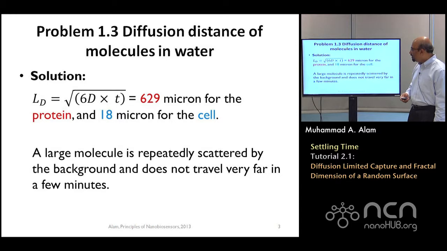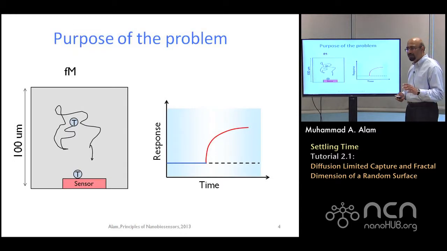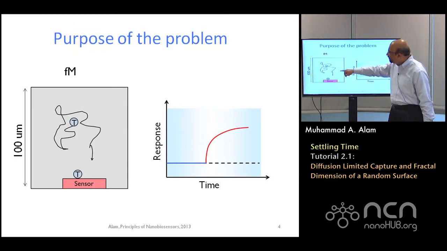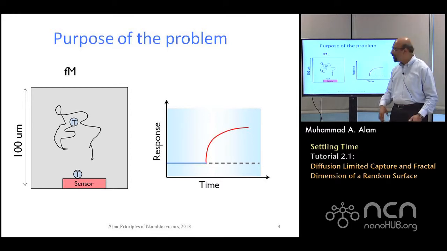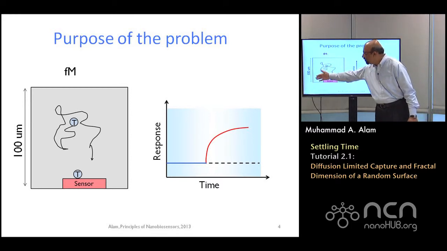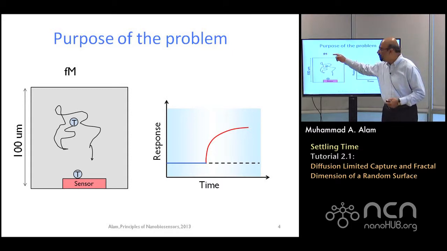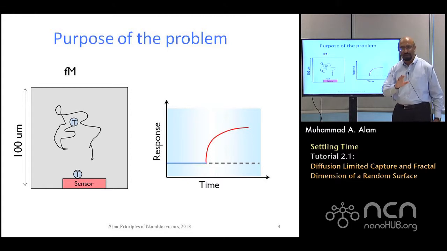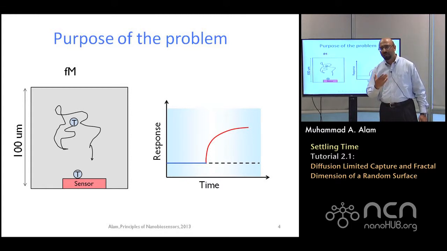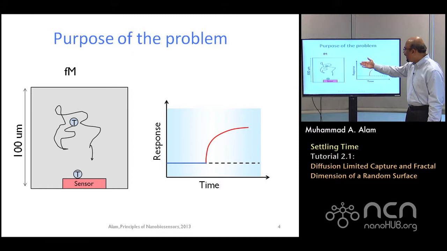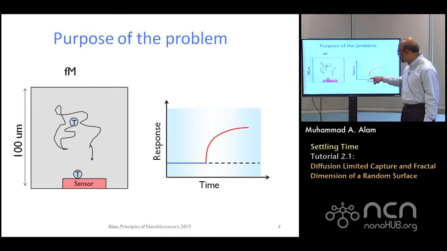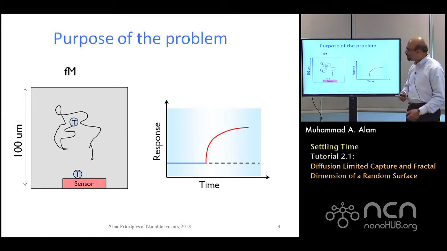That's fine. But this brings us to a very important point. Remember when I said a femtomolar concentration? Femtomolar concentration is that in a box volume of 100 micron by 100 micron by 100 micron, you have one biomolecule. Very low concentration. Now, let's say your friend has just done an experiment with the cell and is very excited and has come to you and said that this is the response he's getting. Response is a function of time, and he's getting a big signal and he's very happy about it.